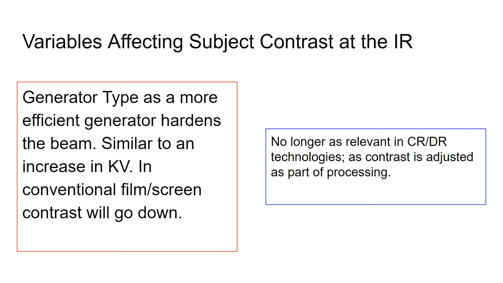In a less efficient generator, let's say a single phase, that's kind of like the worst ones out there, and there are probably not that many out there anymore, if you set 100 kV, you get about 33% of your total photons actually at 100 kV. As you go to more and more efficient generators, that percentage increases and increases.